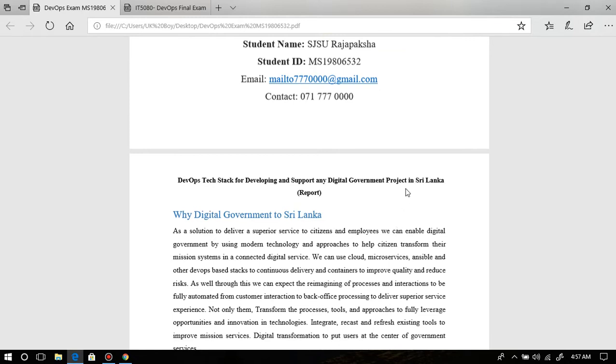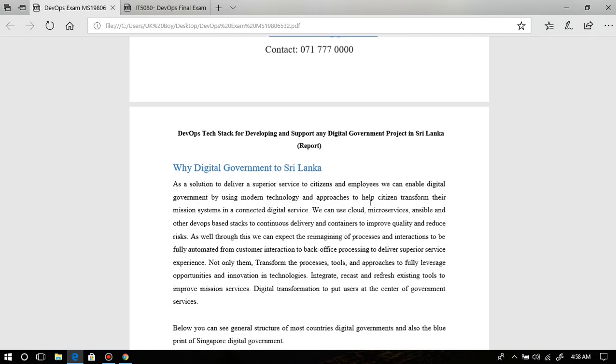Here I have mentioned why digital government for Sri Lanka. It means, what is the requirement of digital government for Sri Lanka? We know that we get various types of services through the government.